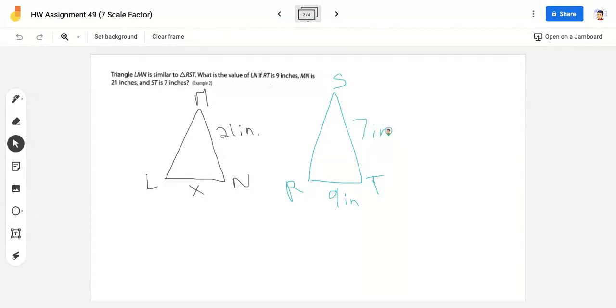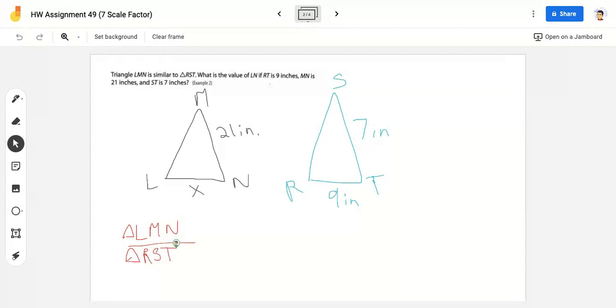They're telling us that they're similar, which means that their sides are in proportion to each other, which tells us that we can set up a proportion. Let's go one triangle over another triangle: triangle LMN over triangle RST.